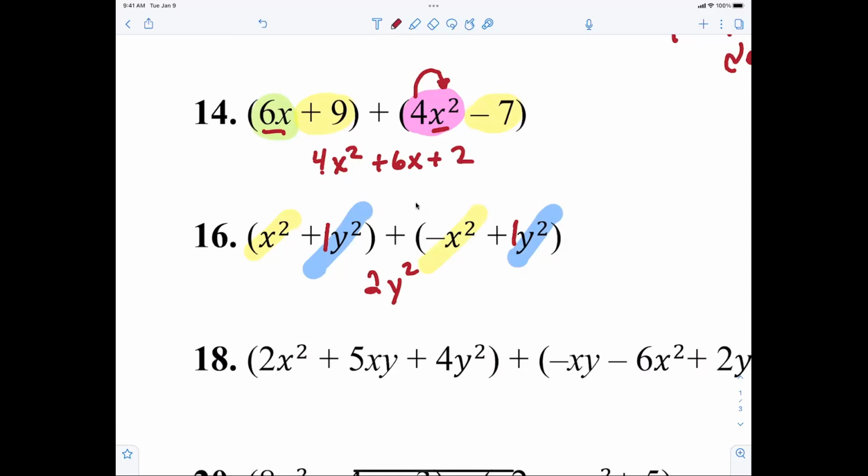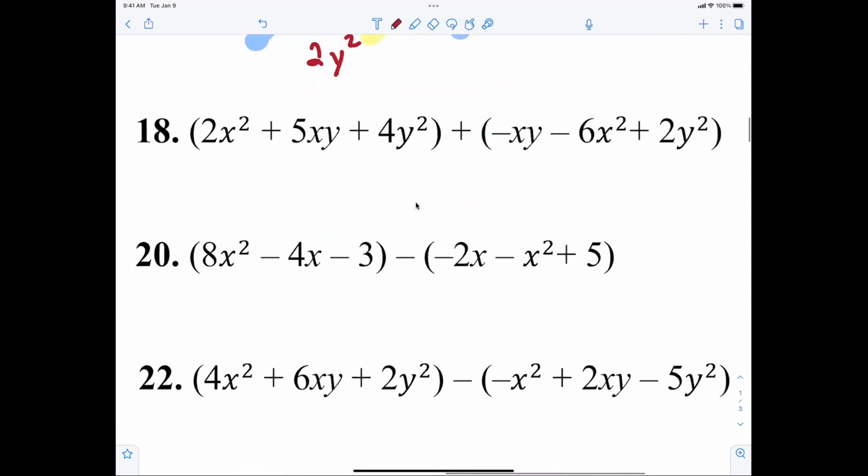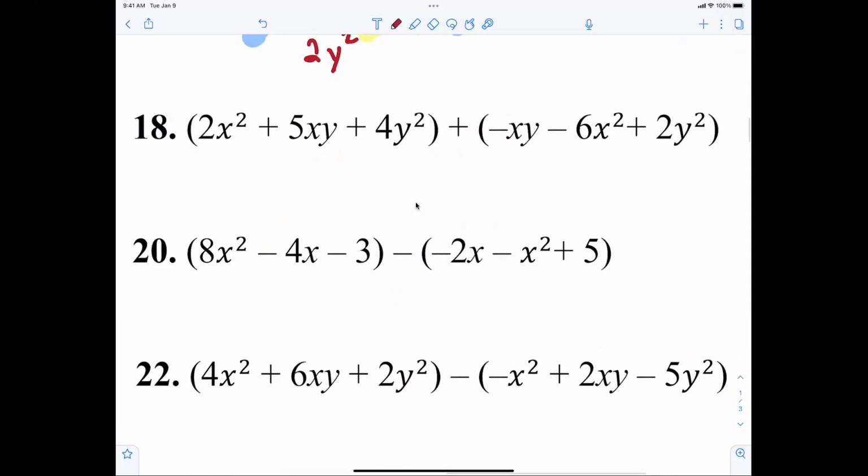All right, come on now. Let's everybody take a look at 18. Two x squared. What am I going to combine with 2x squared? Wow, you are smart. 2x squared and negative 6x squared. How many does that give me? Negative 4x squared. Everybody's writing that down first.